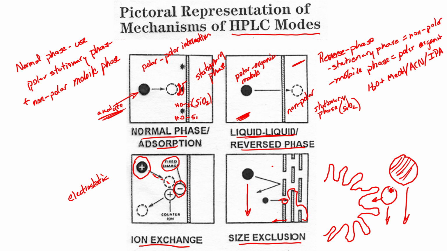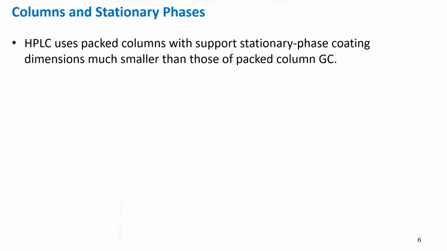And the absolute smallest molecules are going to get trapped in all these pores, and they're going to move down the column the absolute slowest. Okay, so the retention order is that largest molecules elute first, smallest are last. And that's only predictable in size exclusion. The rest of them, it depends on the extent of the intermolecular forces.